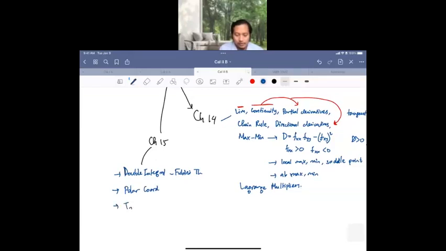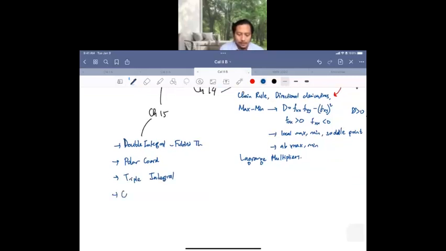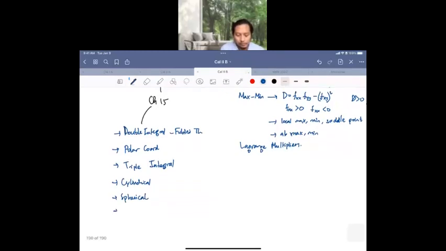And then triple integral. Cylindrical, spherical, the change of variable, or Jacobian. Double, triple, and change of variable is a must.